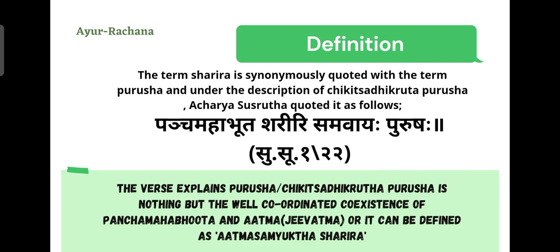So that is the definition given under the explanation of Chikitsadhikrita Purusha according to Acharya Sushruta. So you can use this reference, just refer to this particular sloka, and you can read through the commentary as well.